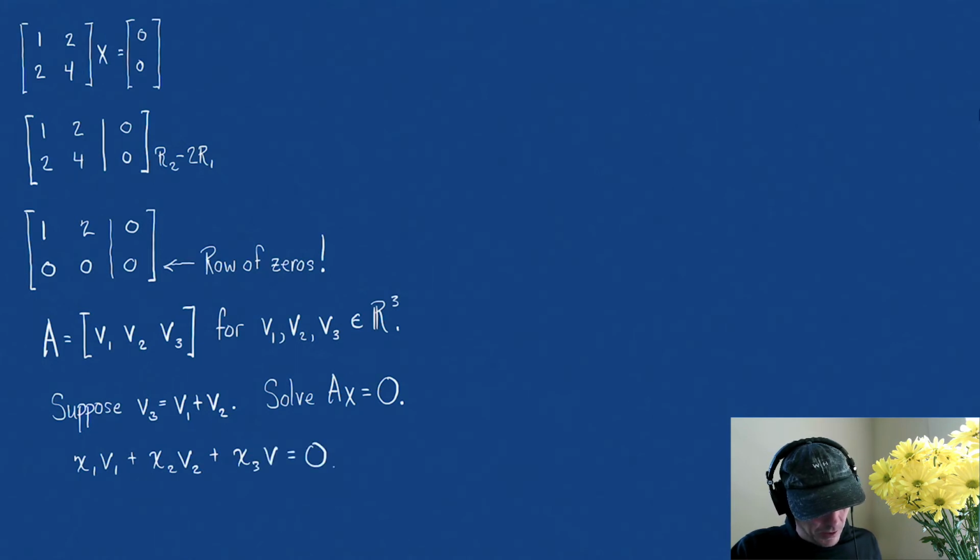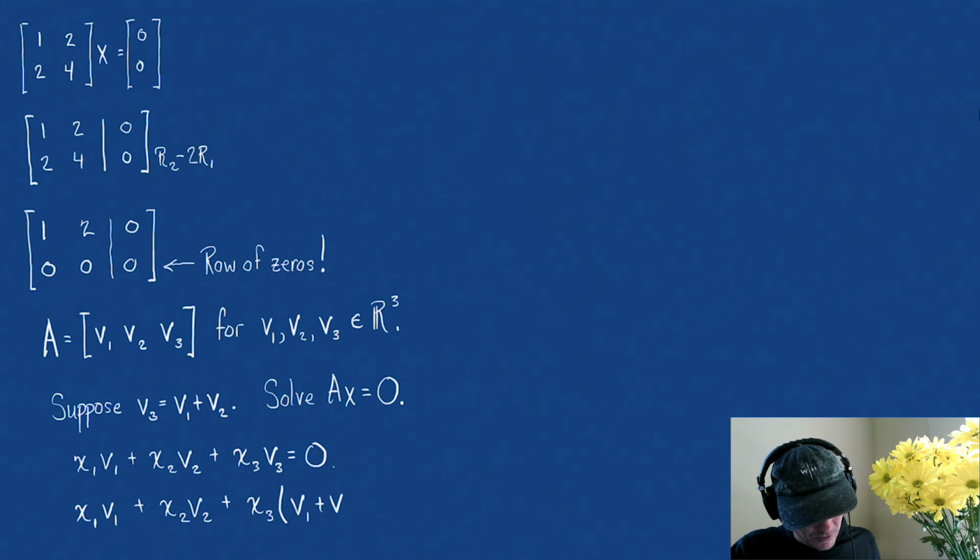And then let's keep going. What do we know about v3? Well, we know that it is a sum of the first two. So x1 v1 plus x2 v2 plus x3 times (v1 plus v2), and this has to give me the 0 vector.